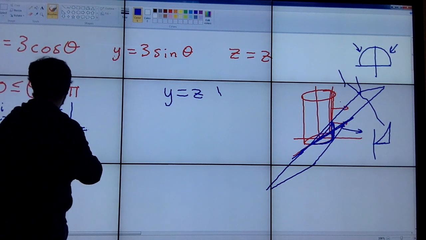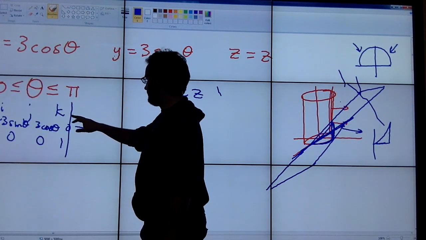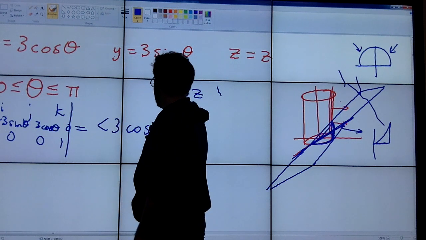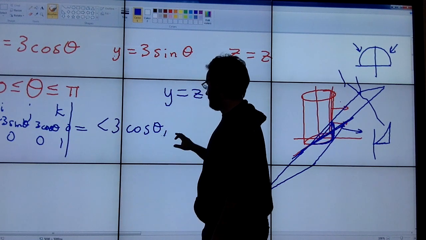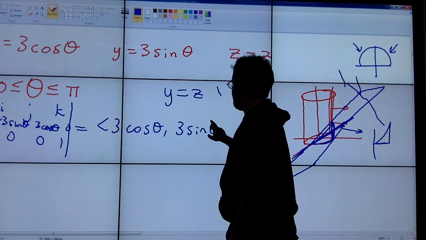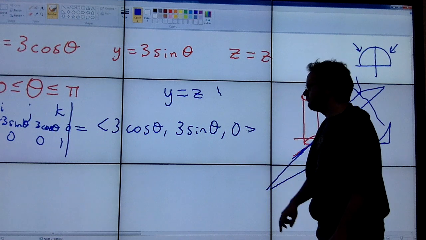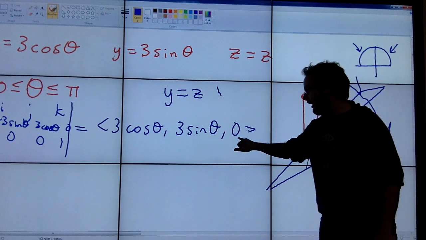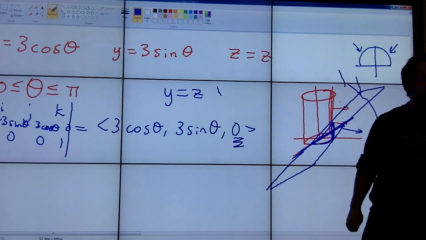If we do this cross product out, we get 3 cosine theta, 3 sine theta, 0. So this might be a little confusing, because is this the positive orientation like I want? Weird, right? Because we have 0 in the z component. So I have no idea if this is the positive orientation or not.